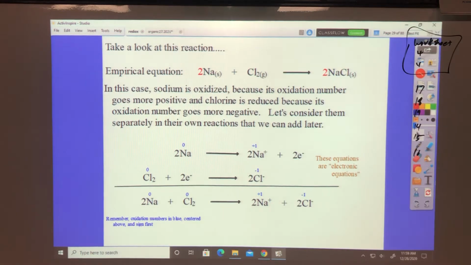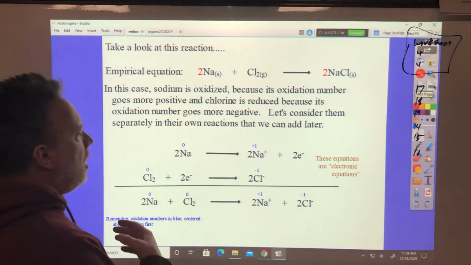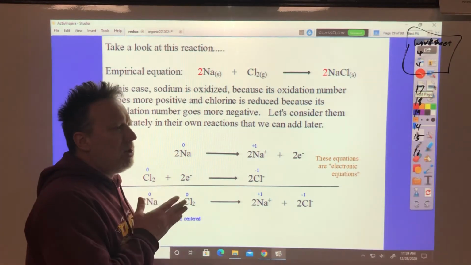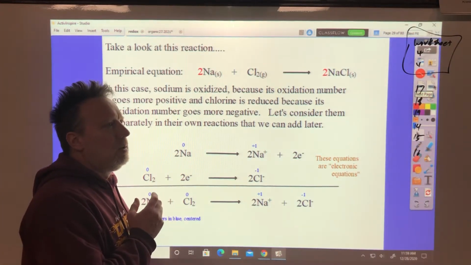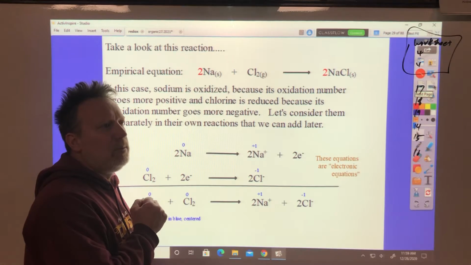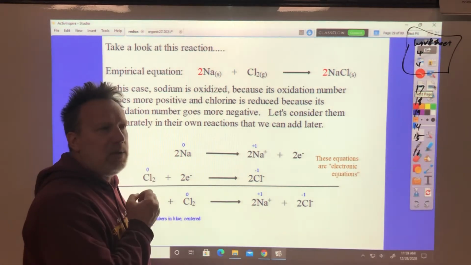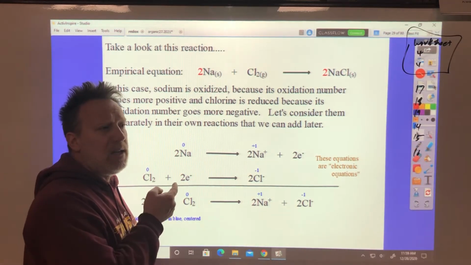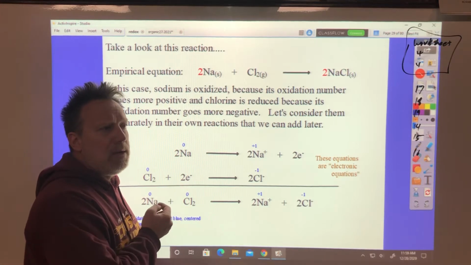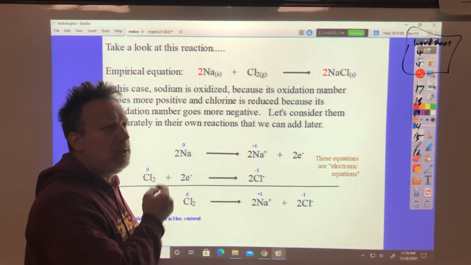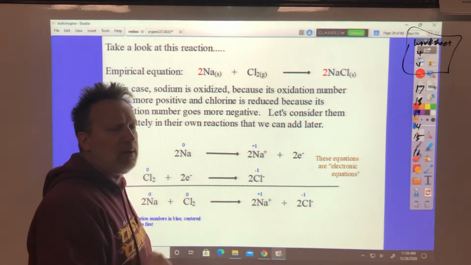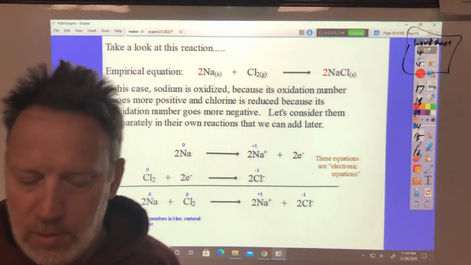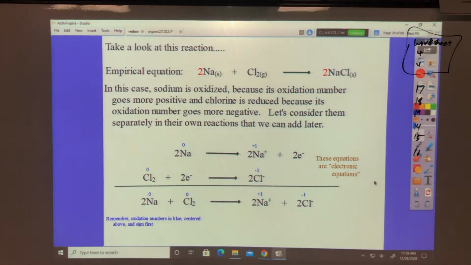When it's written as a charge, it's the number and then the sign. An oxidation number is just a way of assigning a number to an atom. It's kind of like accounting. You're going to say that that atom has the capability to gain or lose a certain number of electrons based on that oxidation number. Writing it this way, by the way, these are called electronic equations.